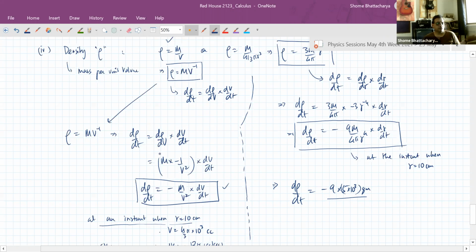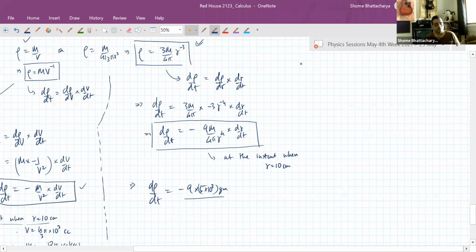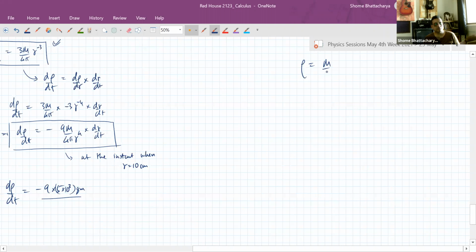See, I'm differentiating d rho by dv now. So I'll just take that aside here. Density is mass by volume, so that is mass into volume to the power minus 1. When I'm calculating this now, that is the differentiation of this with respect to volume.